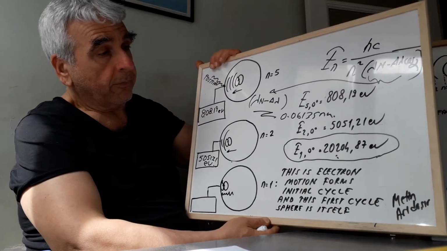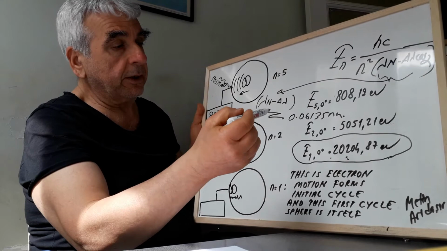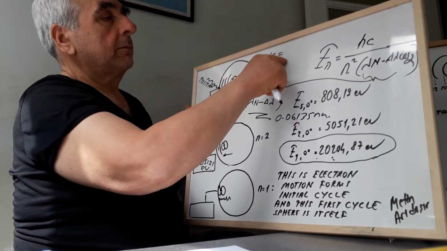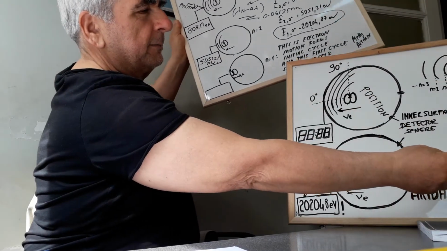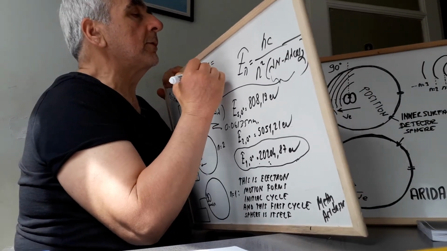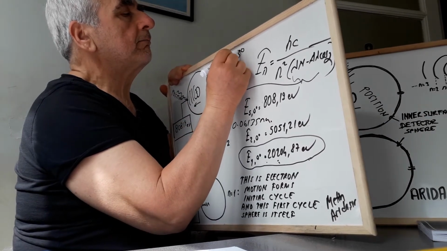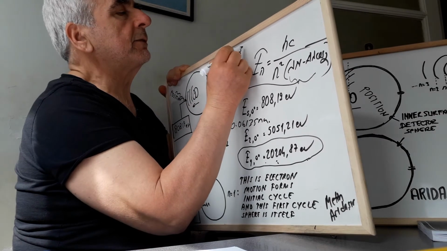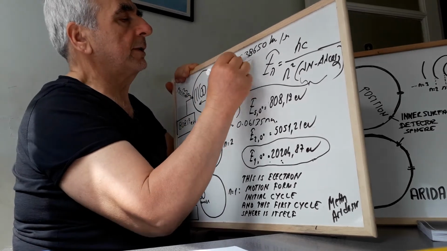But we predicted this. We know the electron motion form's velocity. What is that? 238,650 kilometer per second. We know that. Okay.